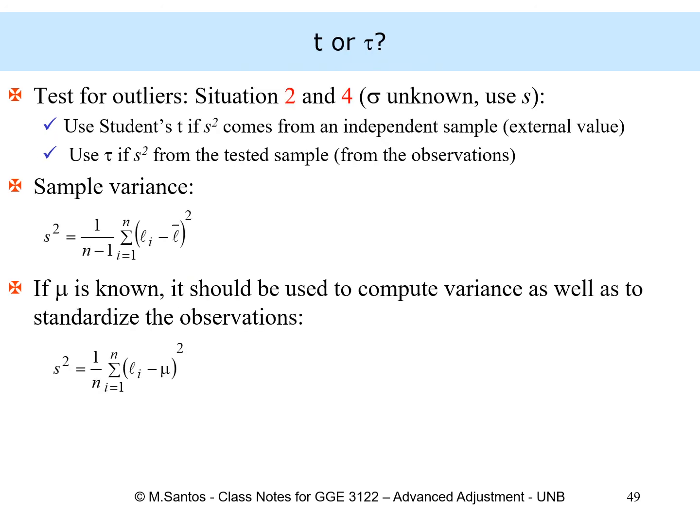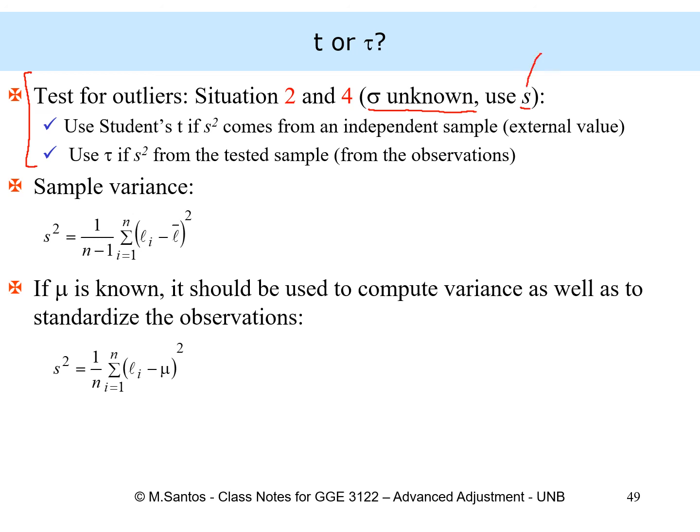Something that is very important also to realize is, well, there are two things here. The first one is what we mentioned about the situation 2 and 4 when the population variance or standard deviation is unknown. We use the sample standard deviation.